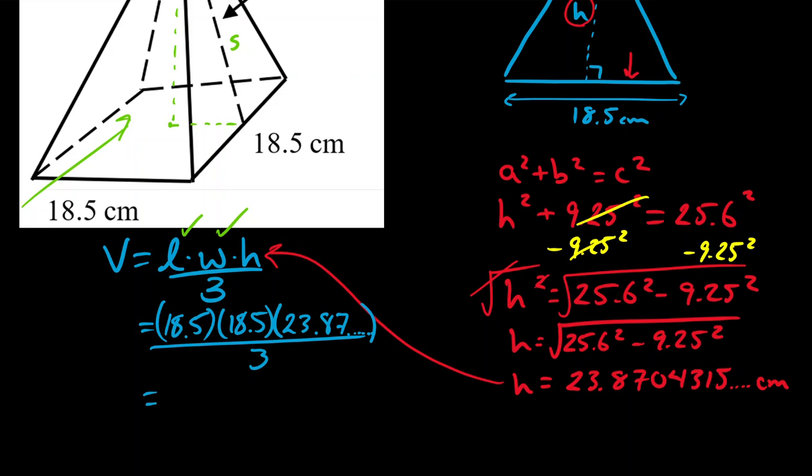So if I go 18.5 times my answer times 18.5 again divided by 3, I should get 2,723.218394. It was centimeters times centimeters times centimeters, so centimeters cubed.